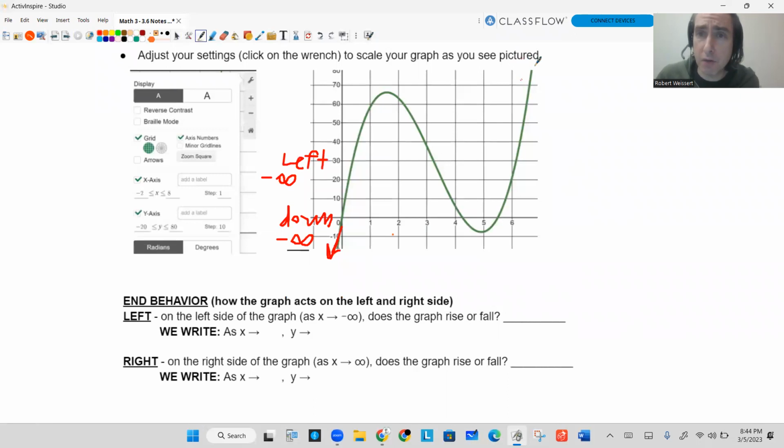But then on the right side, it's going to infinity, but it's also going up, which is going to represent infinity on the y-axis. So a real quick kind of visual here.